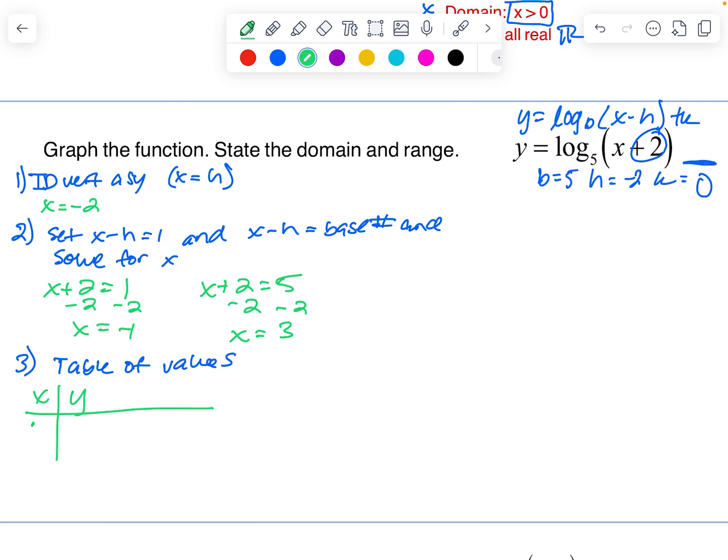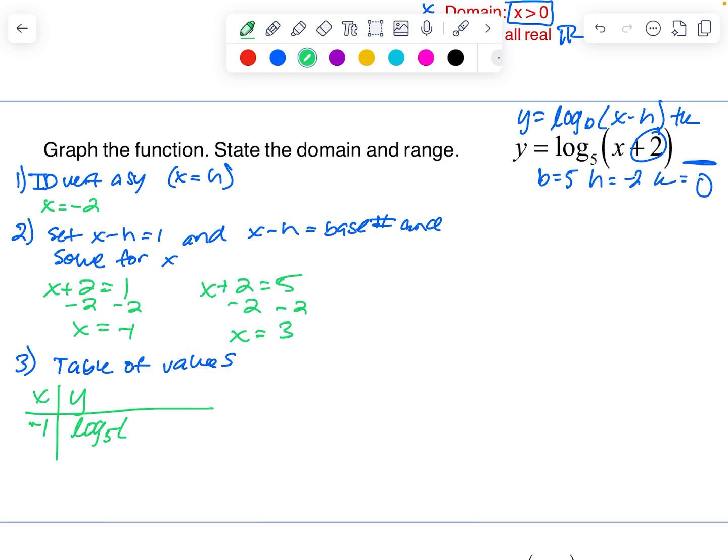So if I plug in negative 1, we would get log base 5 of negative 1 plus 2. Sorry, that should be a negative 1. Back up.